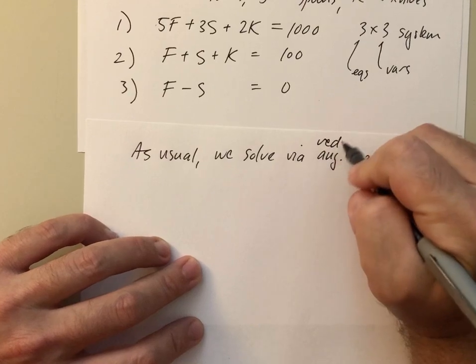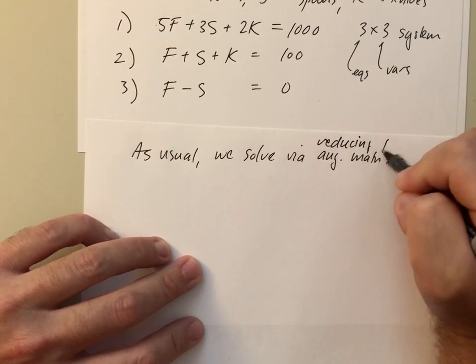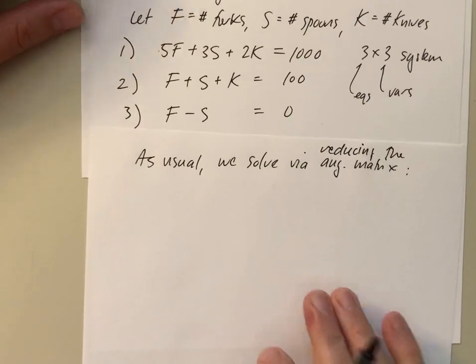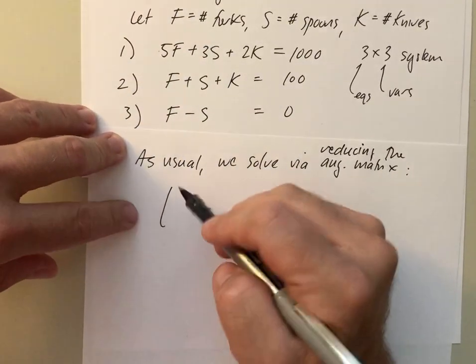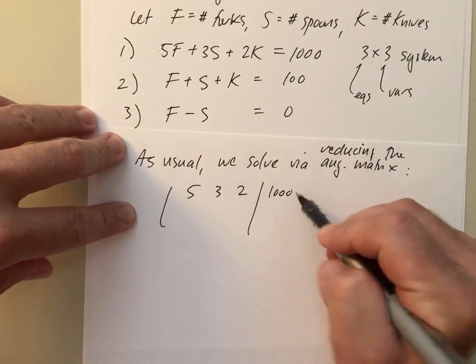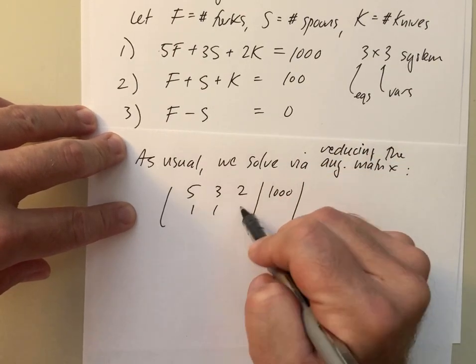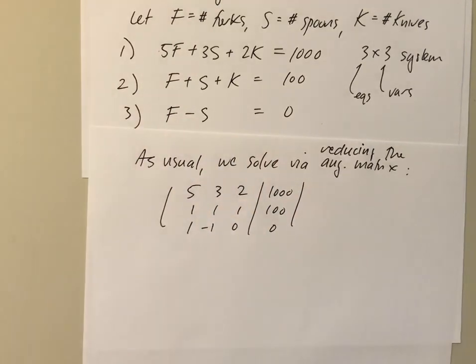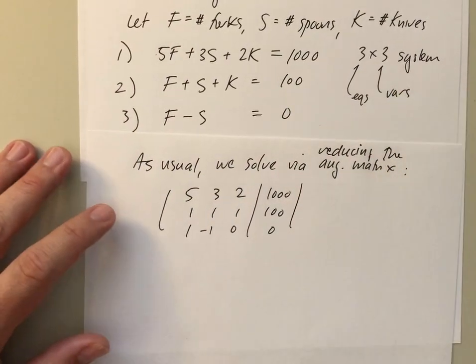So let me say reducing the augmented matrix. And let's see, can I fit this in the screen? So I want to know, what is the augmented matrix? Well, it's 5, 3, 2 augmented with 1,000, 1, 1, 1 augmented with 100, 1, minus 1, 0 augmented with 0. Right, that's the system. That's the same information.